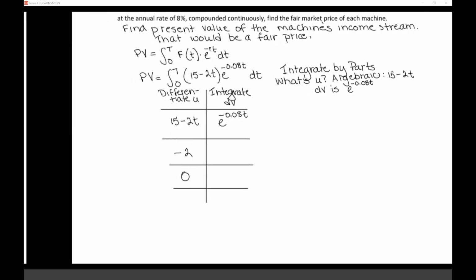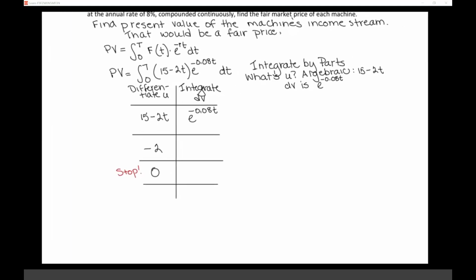Once you get a 0, that's when you stop. Now I have to go down the integration column and put as many rows in the table as I have for the differentiate column. If I integrate this expression e to the minus 0.08t, I get e to the minus 0.08t over negative 0.08.